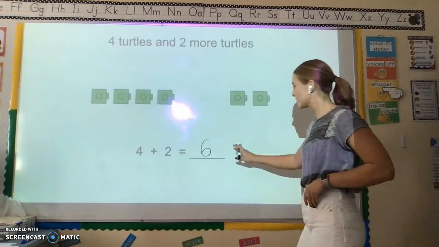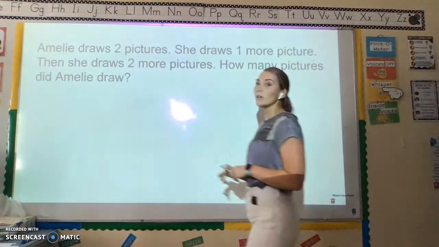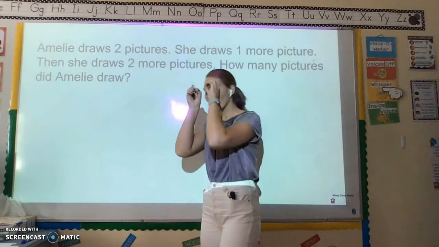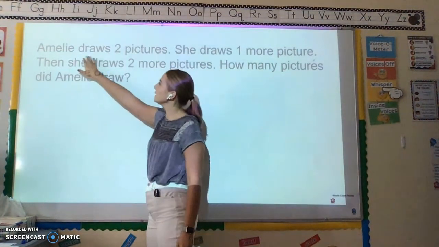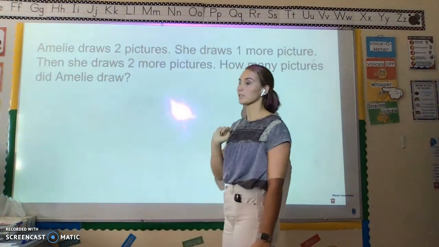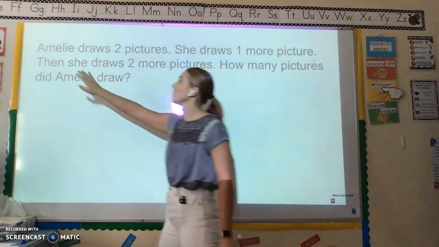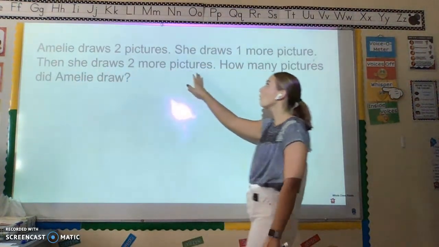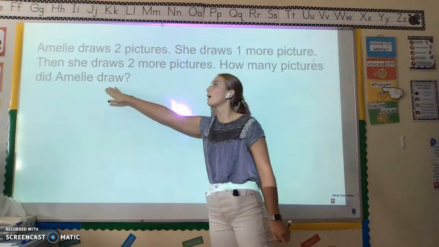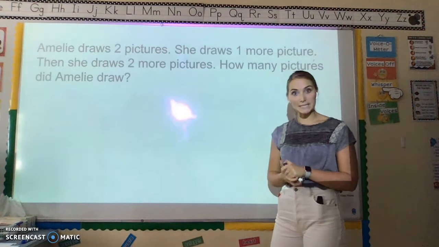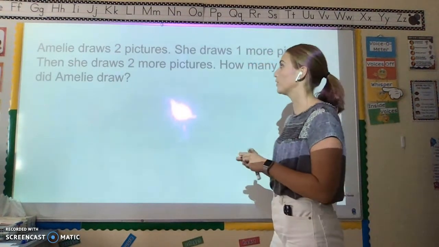All right, let's do our next example. This is a story problem, so help me find the math first graders. Amelie draws 2 pictures. She draws 1 more picture. Then she draws 2 more pictures. How many pictures did Amelie draw? She was busy drawing pictures. Let's build the math problem with your blocks.